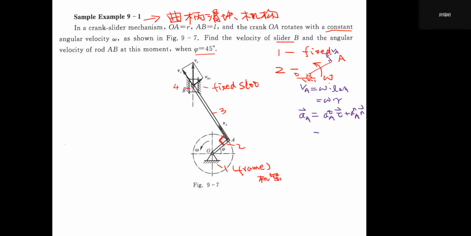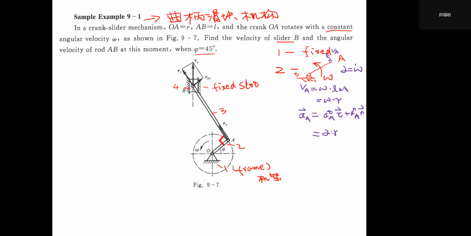And this AAT, we have learned it should equal alpha times R. But it tells us crank OA rotates with the constant angular velocity omega, because alpha equals omega dot, so alpha equals 0.